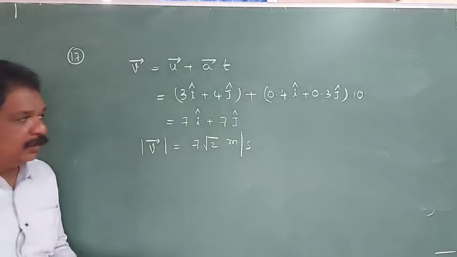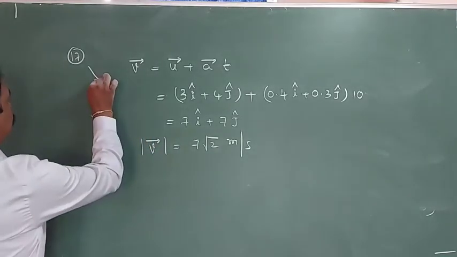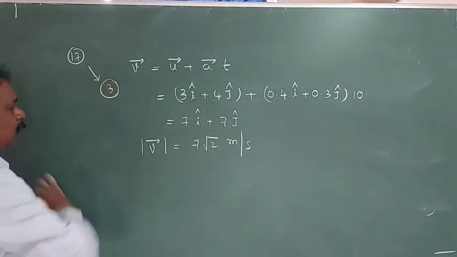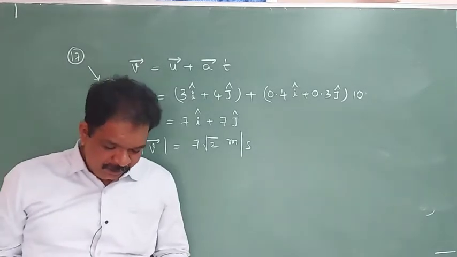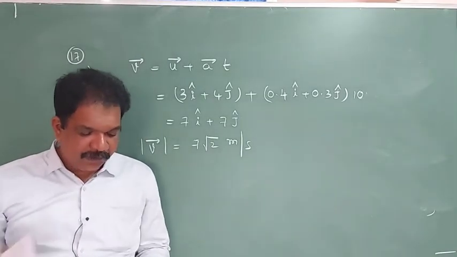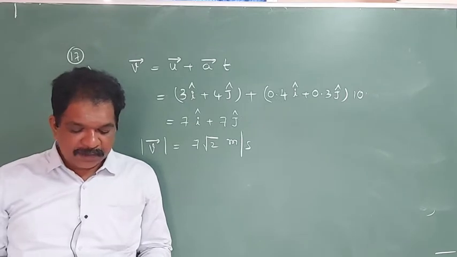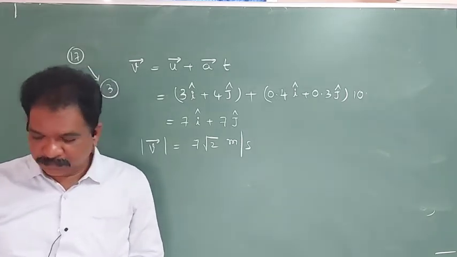So 17, it will be third option. 18, relative velocity question, leave that one. Next 19, you see.